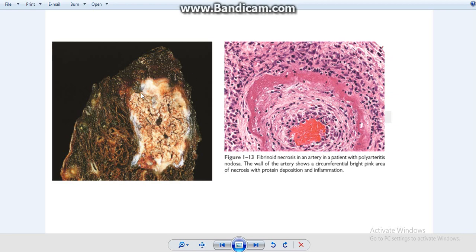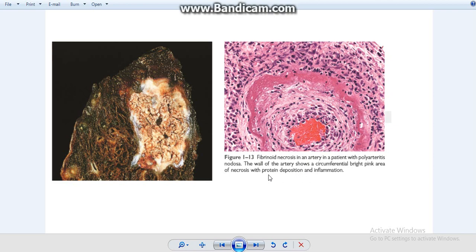Tuberculosis, fungal infections, and granulomatous infections all give characteristics to caseous necrosis. The reason it's called caseous is because it resembles cheese. So it's basically a cheese-like inflammation. And we will talk about granulomas in another video.